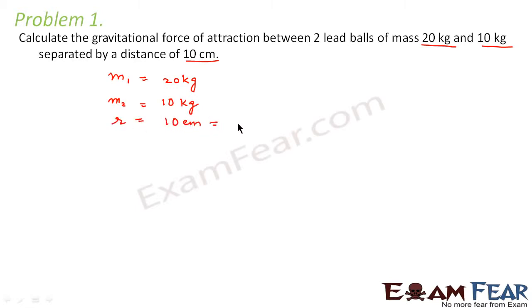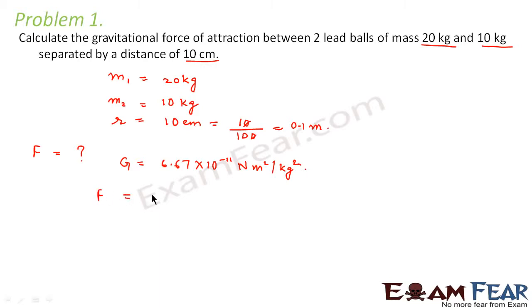Let us convert it into meters: 10 divided by 100, which is equal to 0.1 meters. Now we have to calculate the gravitational force, that is, the value of F. We already know G is equal to 6.67 into 10 to the power minus 11 Newton meter square per kg square.